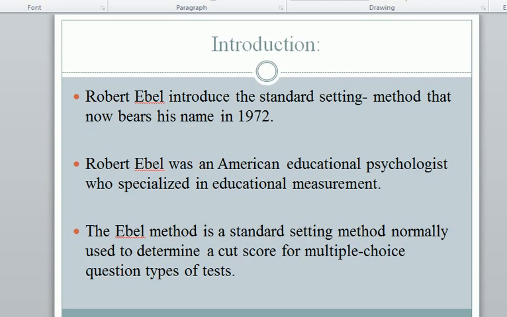The Ebel method is a standard setting method normally used to determine a cut score for multiple choice question types of test.